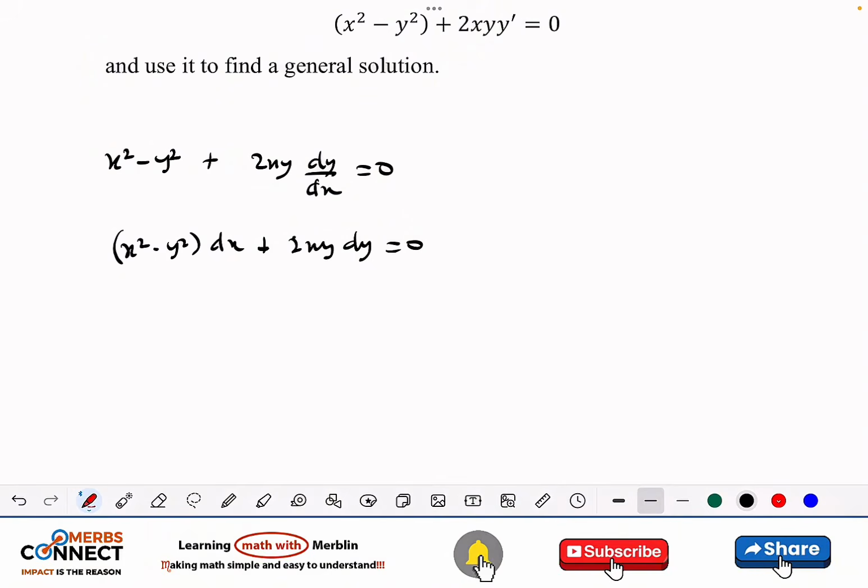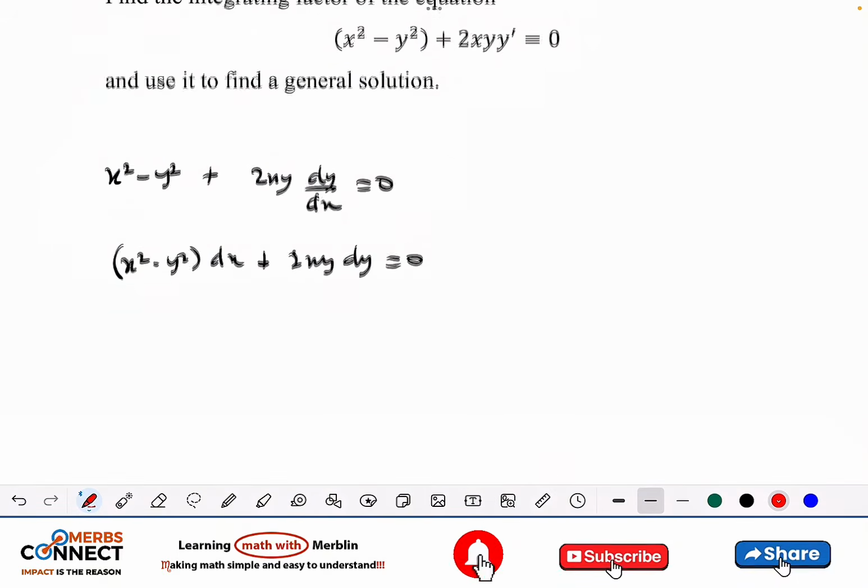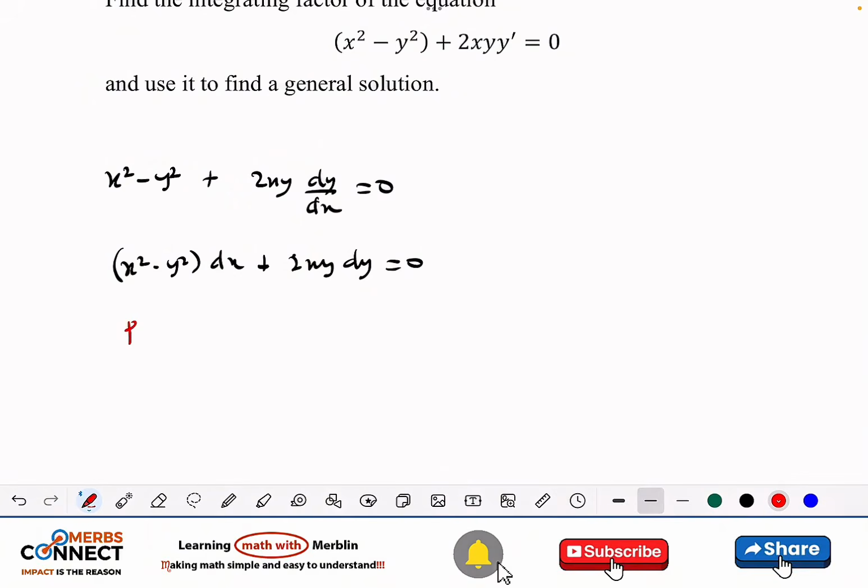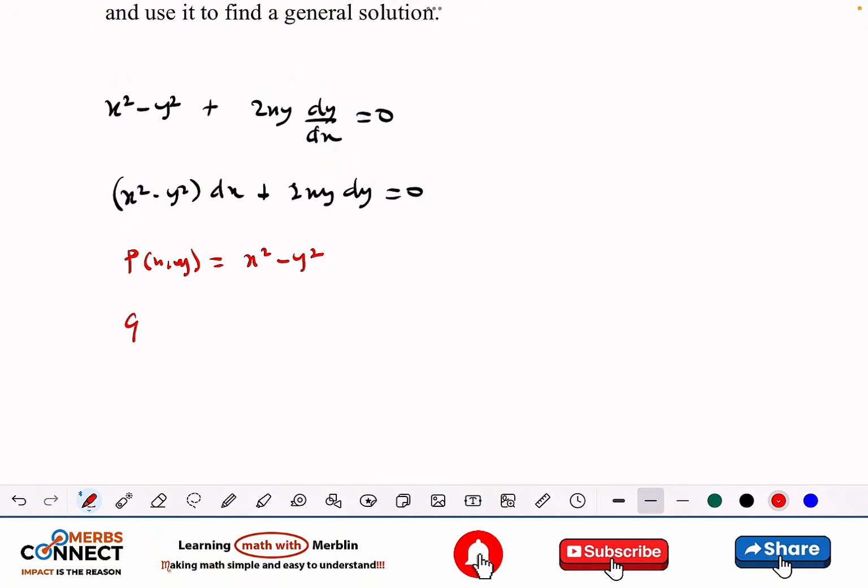Now, for us to find our integrating factor, we need the same process like the way we do for exactness. We need p of x, y, which is equal to x squared minus y squared, and then we need q of x, y, which is 2xy.